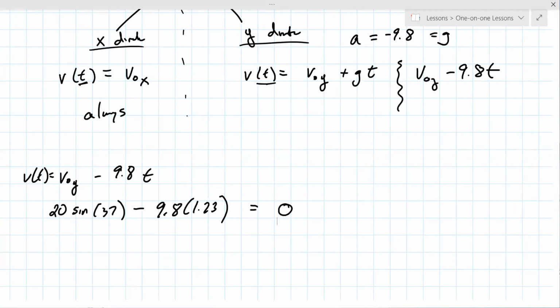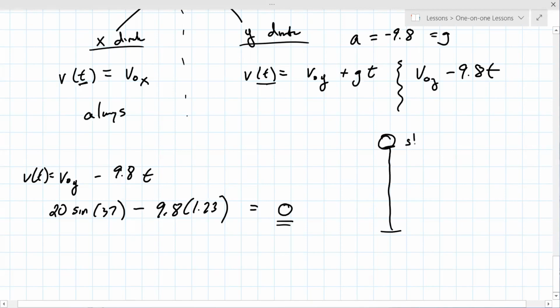It's supposed to be 0, okay? And there's a reason why. If you throw a ball straight up in the air, there's a moment in time where it just sort of stops. It doesn't really stop, but it's neither going up nor going down for that instantaneous amount of time.